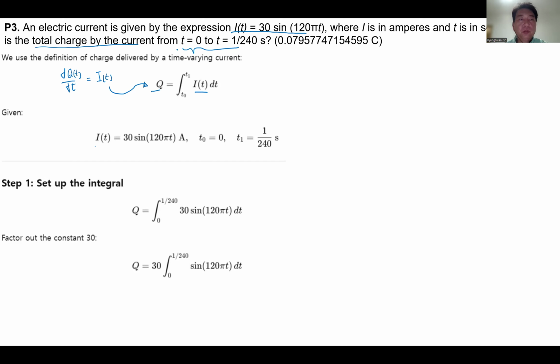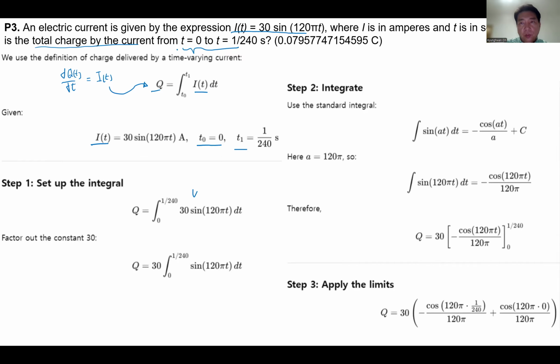And then we are given the current. And we have two time periods. T0 is 0, and T1 is this one. And then we can set up the integral like this. Okay. And then we get the integral. The sine becomes minus cosine.